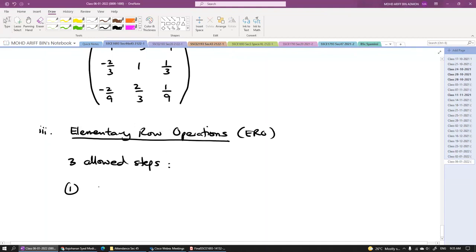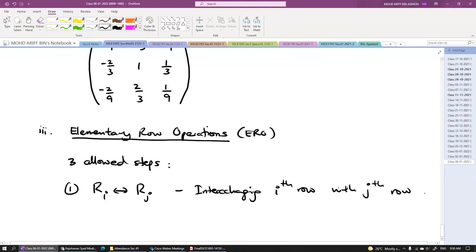First, you may change your row 1 with your row 2. For example, your row 3, you change to your row 4. This is what we call interchanging, I row with J row.